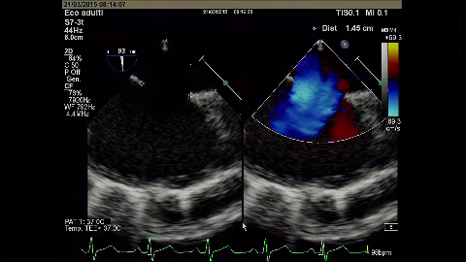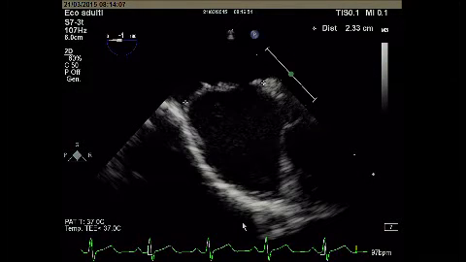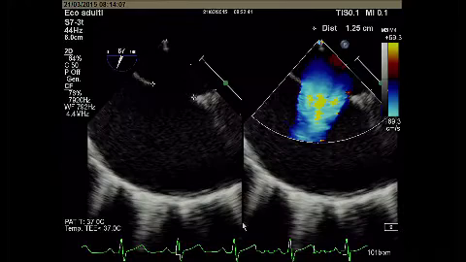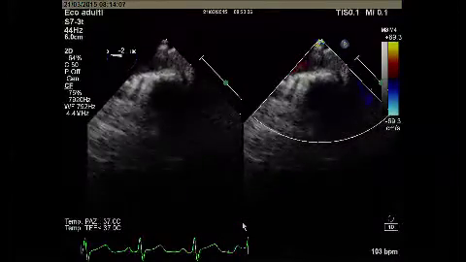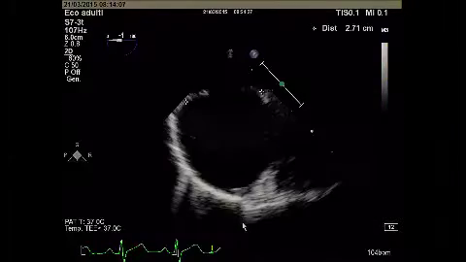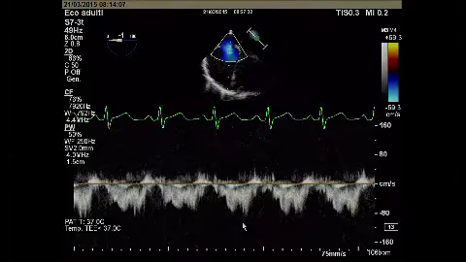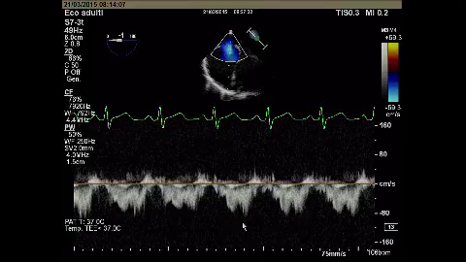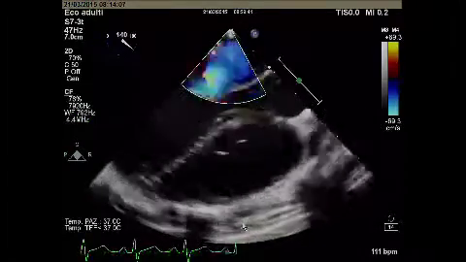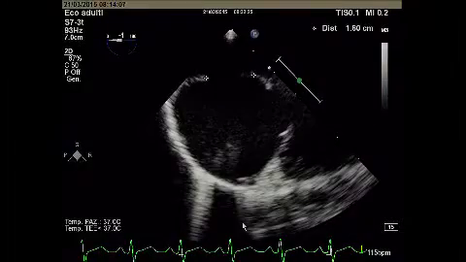The atrial septum is measured between 1.4, 1.5, 1.6, and the total atrial septum is about 2.3. Again, measurement here between 1.3 to 1.5. Pulmonary veins are okay. A couple more measurements. Doppler indicating left to right shunt. No mitral regurgitation.